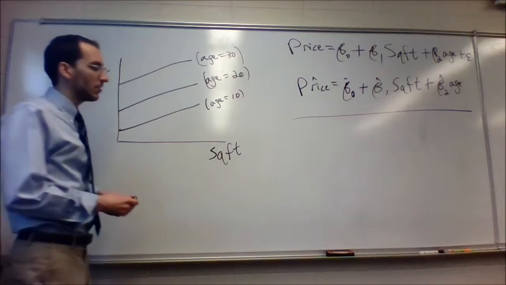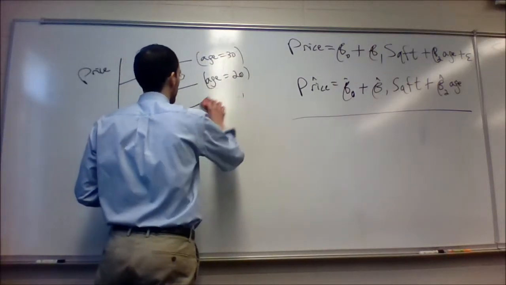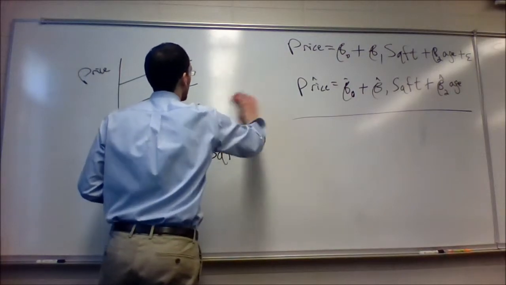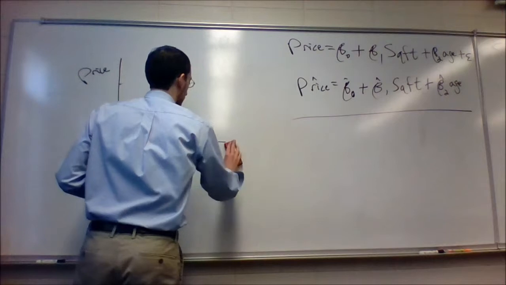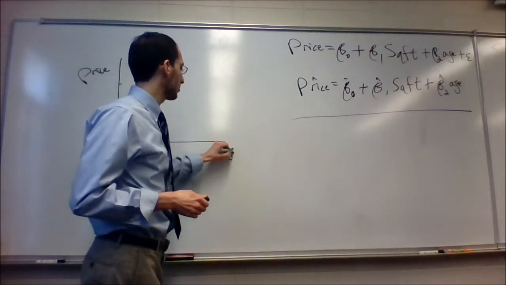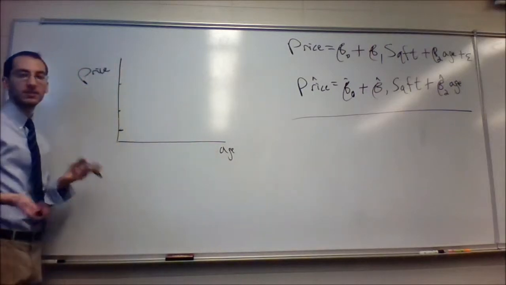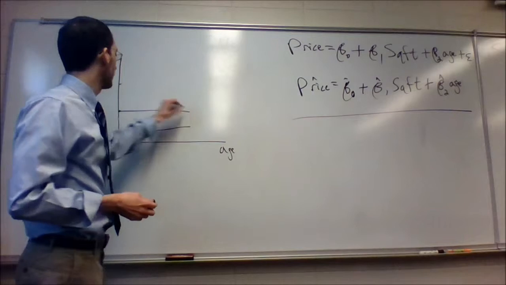And I can do this the other way. Instead, I can look at the relationship between age and price, and I can do it at different levels of square feet.